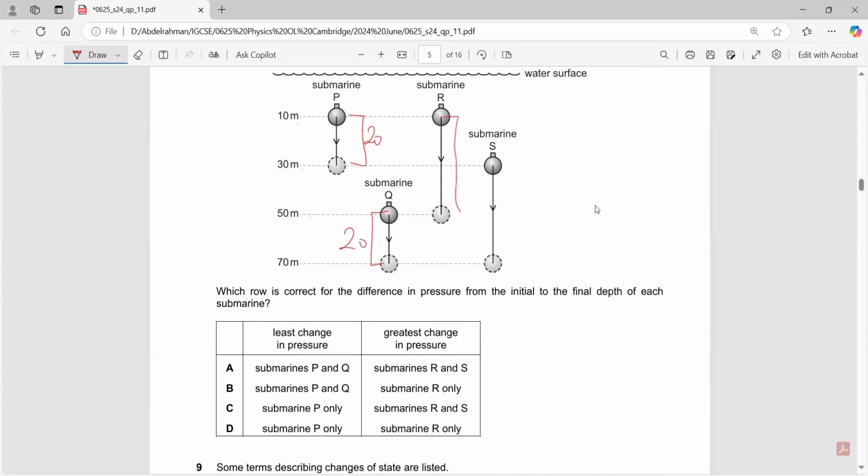As for R, it's 40 meters, and S, it's also 40 meters. We're talking about the pressure difference, not the final pressure. The pressure difference of P and Q would be the same, while that of R and S would also be the same. P and Q would be less, and R and S would be much more.